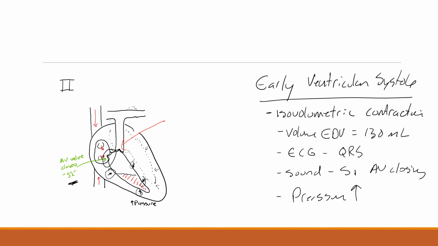So we're not ejecting anything either. So we're generating an increasing pressure in the ventricles, but blood can't move backwards or forwards at this point because there's not enough pressure to open up the pulmonic or aortic valves at this time. So the blood doesn't go anywhere, so the volume stays the same as pressure is increasing. We would call that isovolumetric contraction.